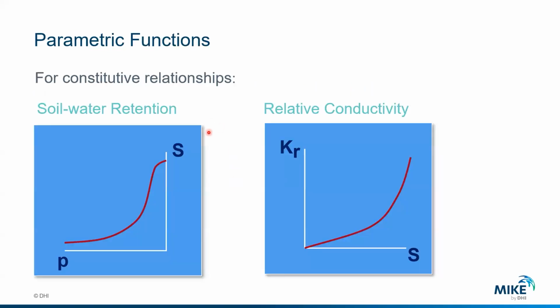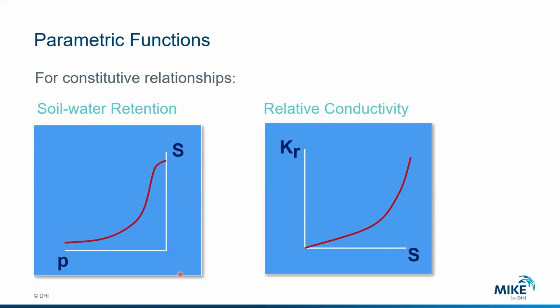So these constitutive relationships are two. The first one is what we typically call, in every soil physics or hydrogeological book, the soil water retention curve, which typically draws moisture content or saturation against pressure. Saturation is actually what is used in FEFLOW.